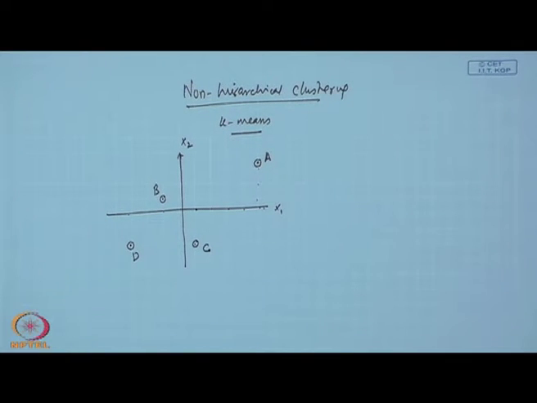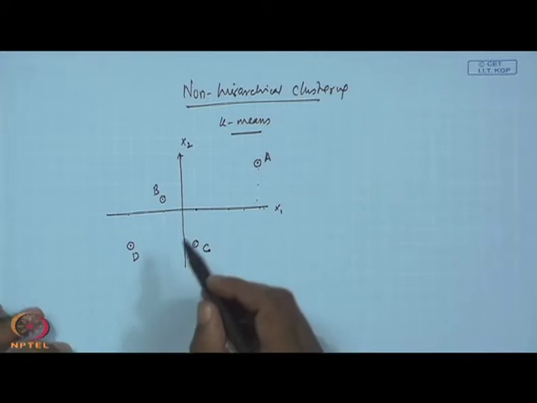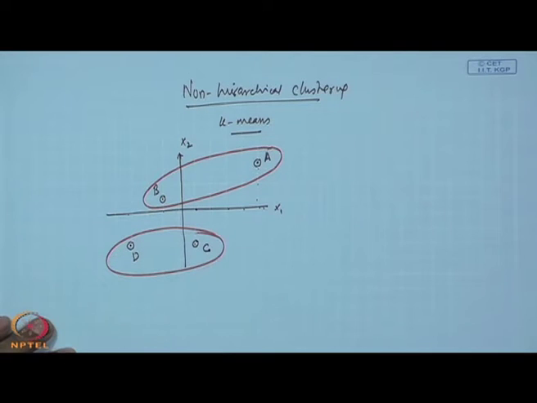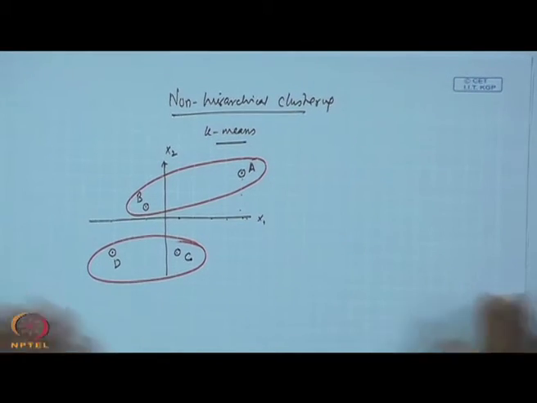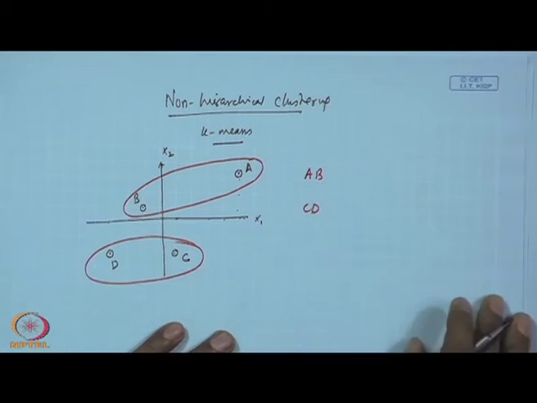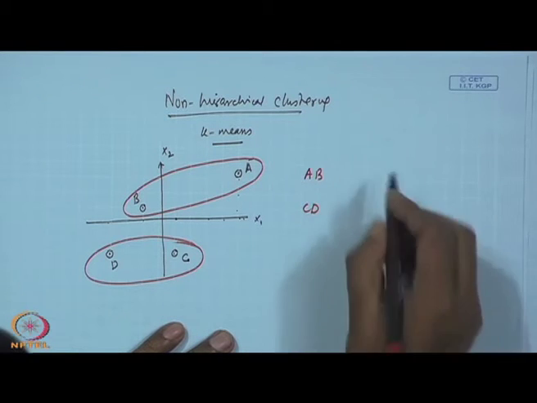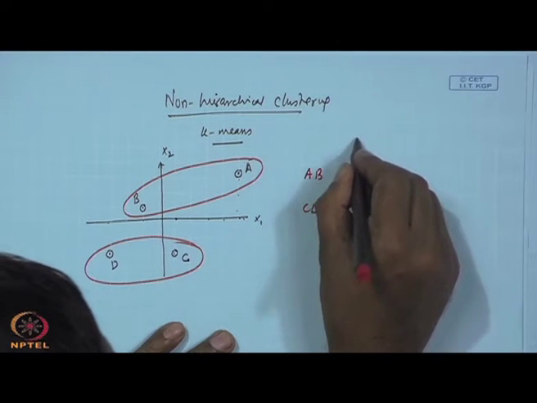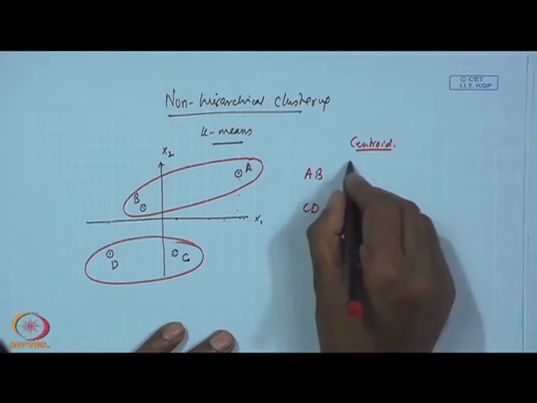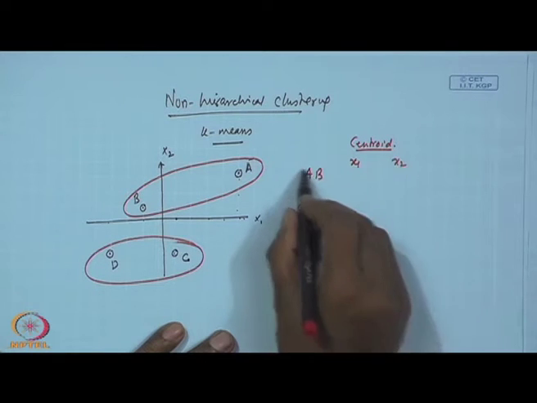What we will do is arbitrarily put the objects into clusters. For example, we may say these two are one cluster, and this is another cluster. Essentially you are making AB one cluster, CD another cluster. Then you have to find out the centroid for x1 and x2.